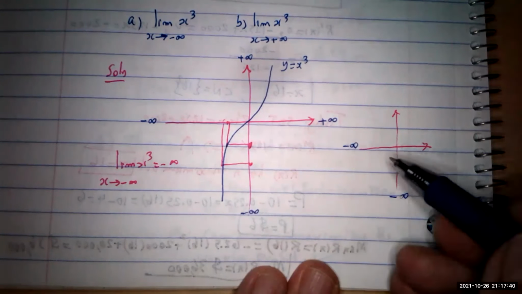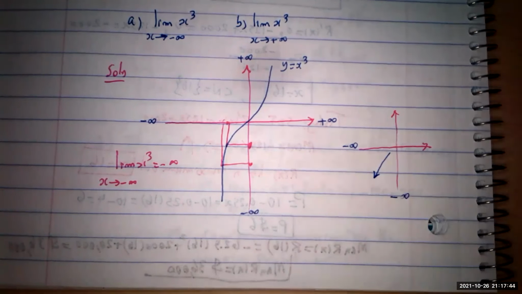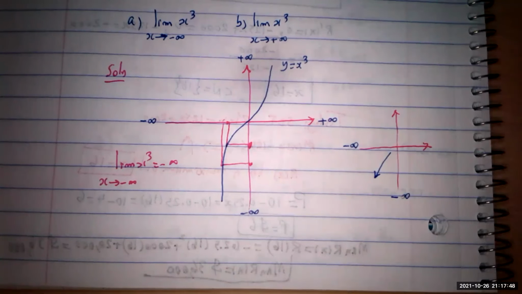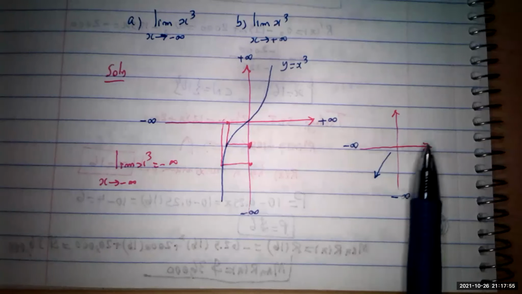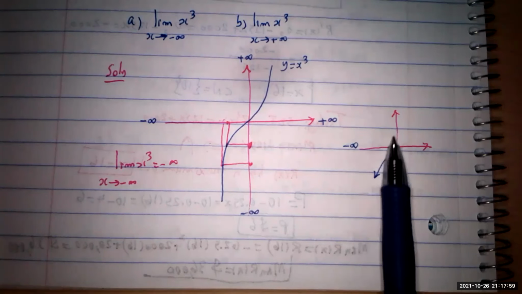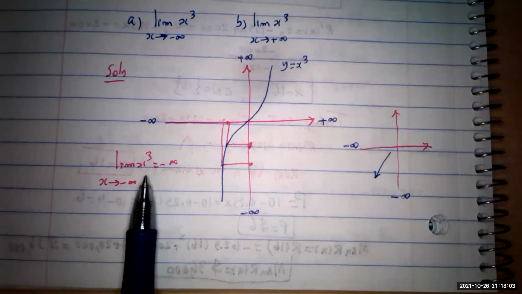And when you are here, we know that the direction of your graph would be down. So this is the way we are going to use it when you want to graph the function. And we know that the graph starts in the third quadrant because it's starting from here, just going up, up, up. That's the limit of x going to negative infinity.